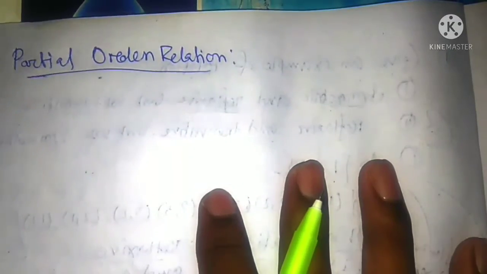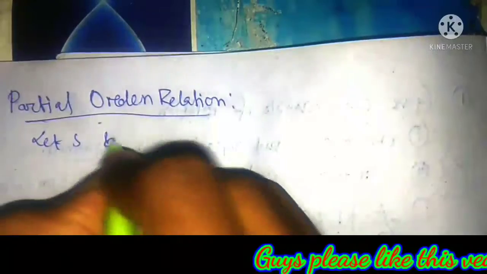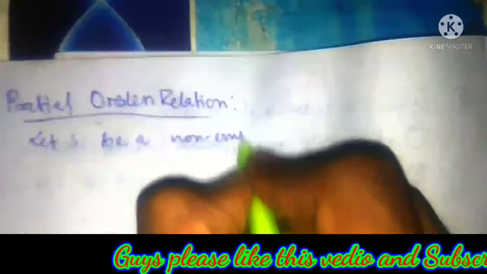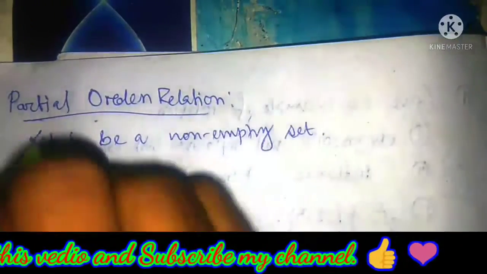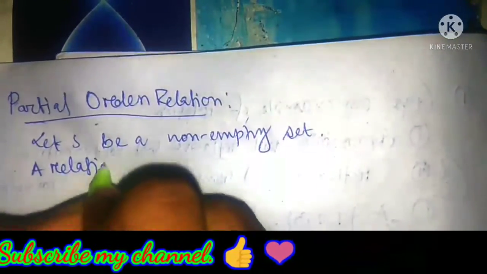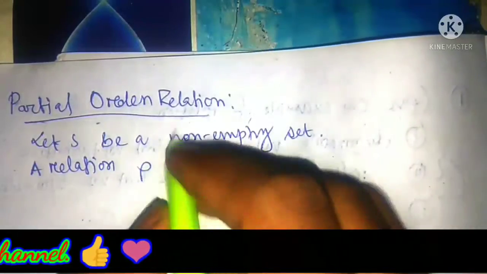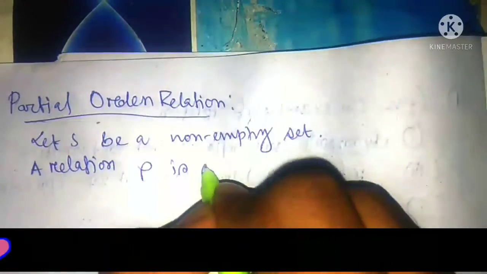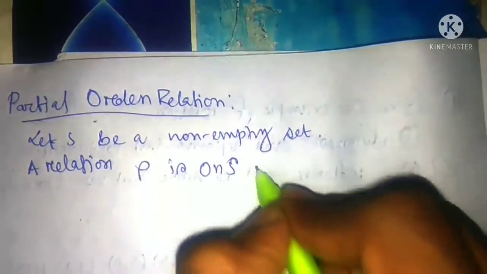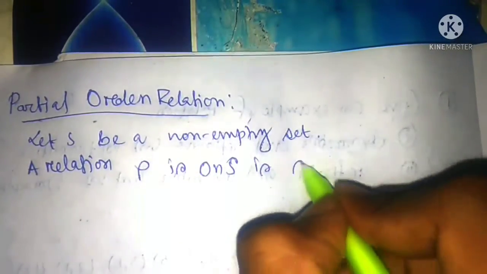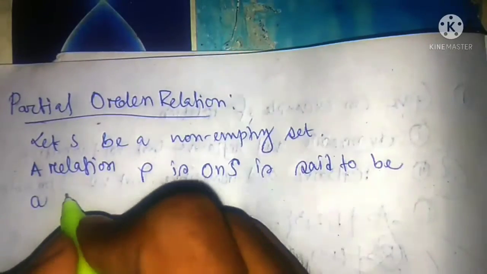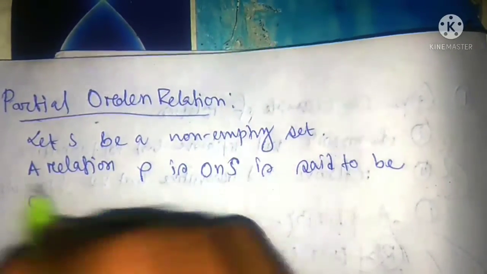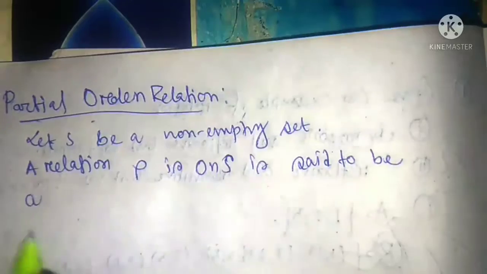So let's start. We have to take a non-empty set. Let S be a non-empty set and a relation rho on S is said to be a partial order relation.